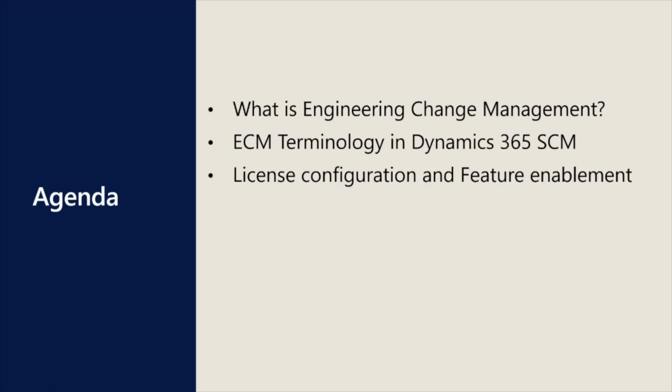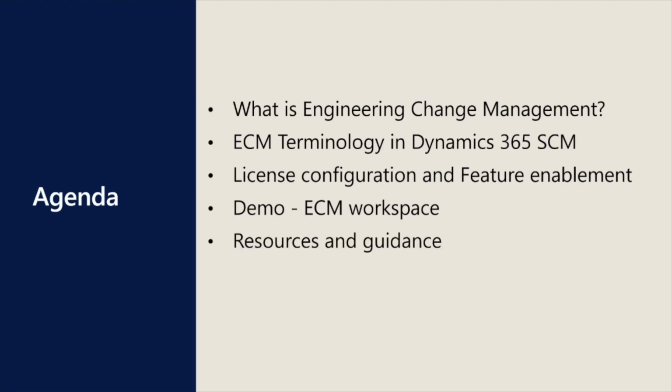Then Meenu will take us through how to get ECM set up in your environment from a license configuration and feature enablement perspective, and we'll give you a brief demo on the 2 ECM workspaces in the system. We will wrap up the session with additional resources and guidance, and then spend the remaining time answering the questions from the chat. Let's dive in.